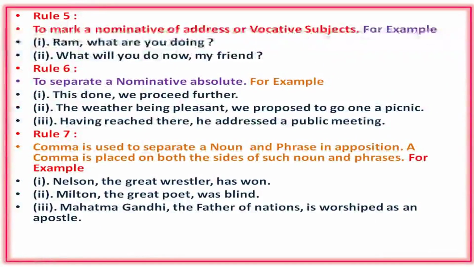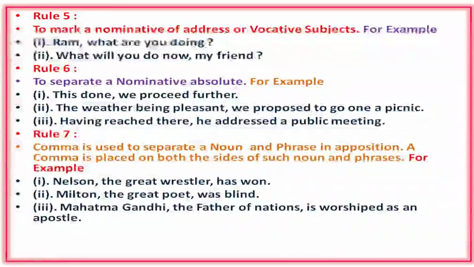Rule number 7: A comma is used to separate a noun and phrase in opposition. A comma is placed on both sides of such a noun and phrase.